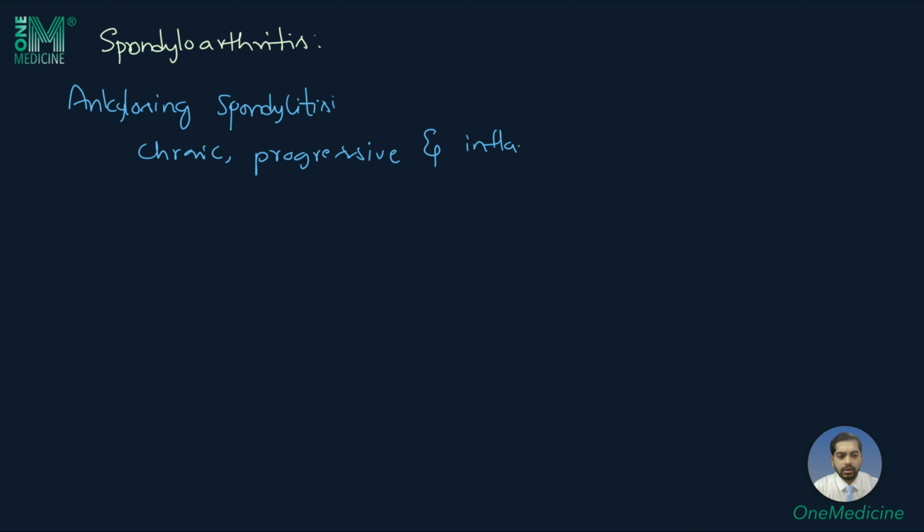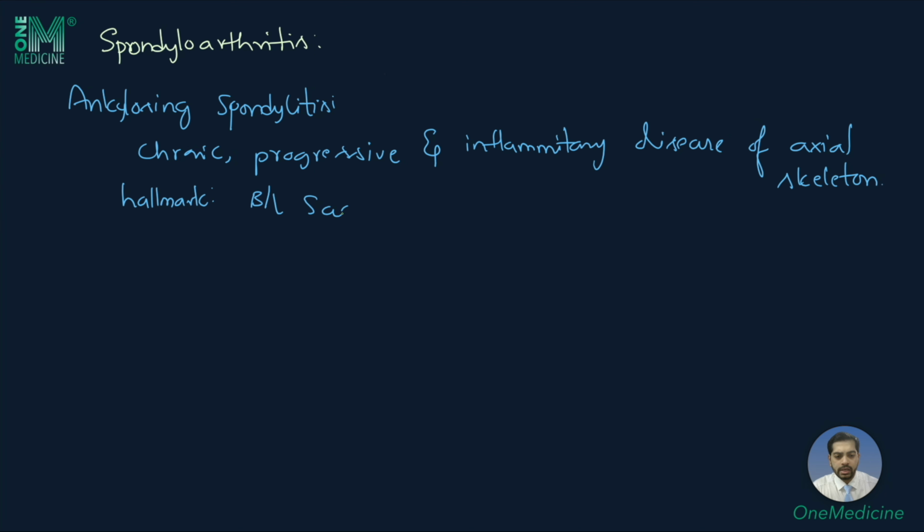Let's look at the first among them, that is ankylosing spondylitis. This is a chronic, progressive, and inflammatory disease of the axial skeleton, and the hallmark of the disease is bilateral sacroiliitis.